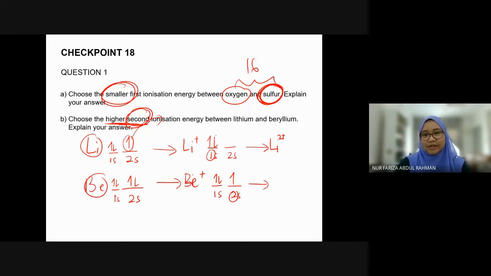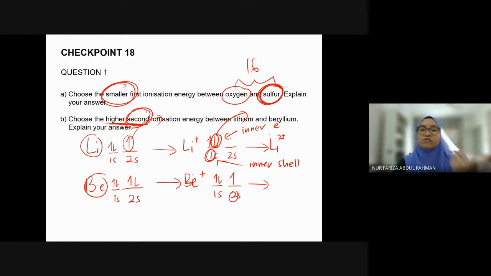Okay, so ini kalau nak buang ni, nak keluarkan will require very high energy. Because kenapa? The electron is now being removed from the inner shell. This is what we call inner shell. This is inner electron. Kenapa dengan inner electron ni?